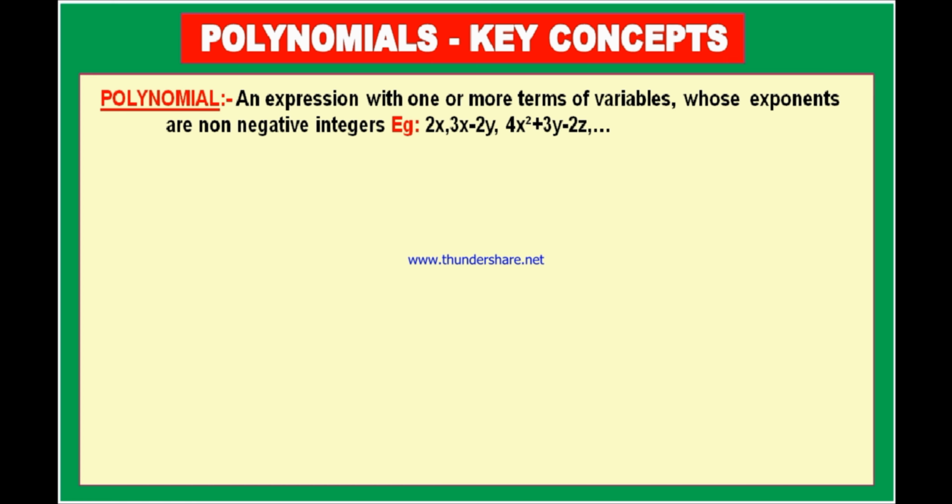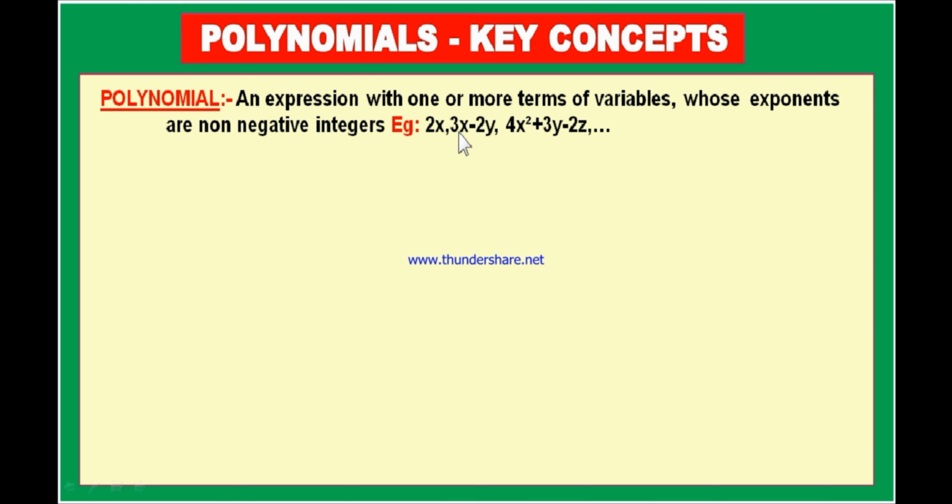It is a polynomial because it has only one term with a variable x, and the exponent of x is, you see students, 2x. What is the exponent of x? There is no value shown in the exponent, therefore it is 2x power 1. 2x means the exponent of x is 1. 1 is nothing but a non-negative integer, it is a positive integer. Therefore 2x is a polynomial.